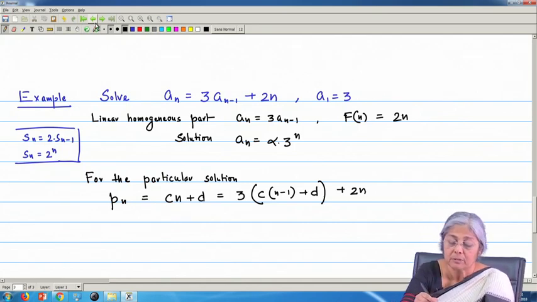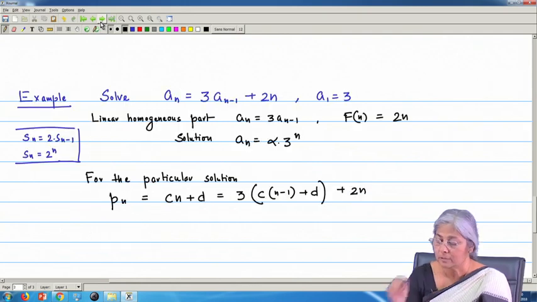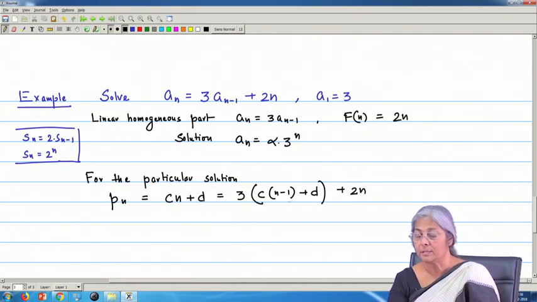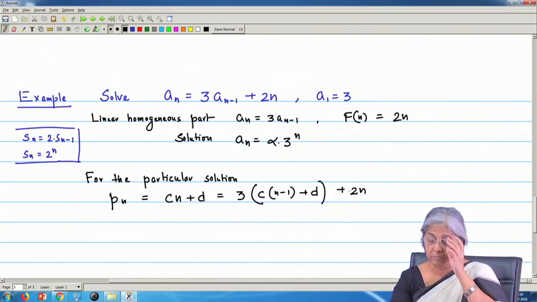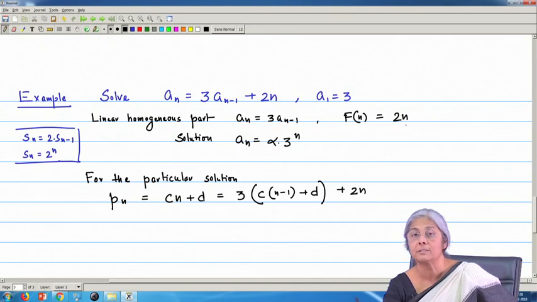If we remember the way we did a n minus 1 p, a n minus 2 p, here I have only a first order equation, so I have only one term. I have given this term C n minus 1 plus d plus 2n, because I considered the solution of the form C n plus d, since my function f n is 2n.